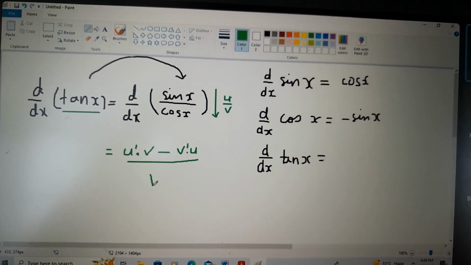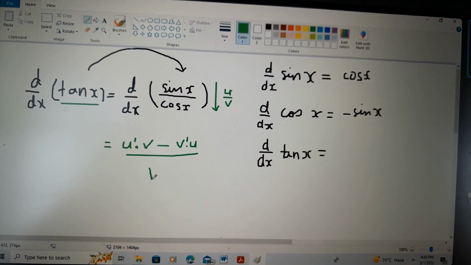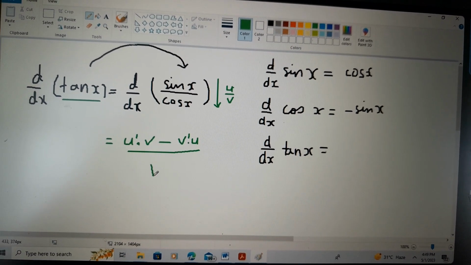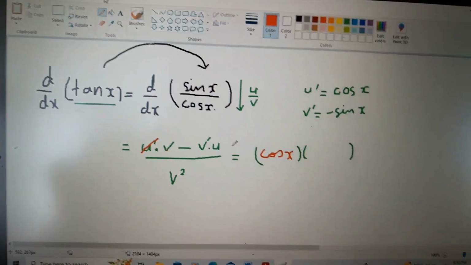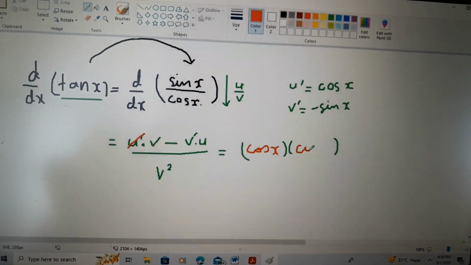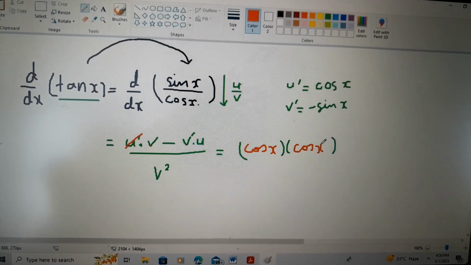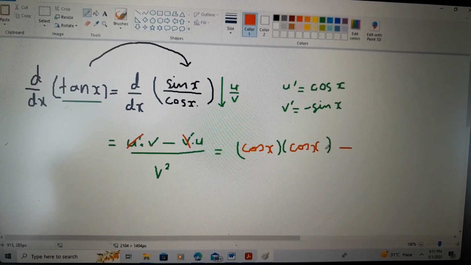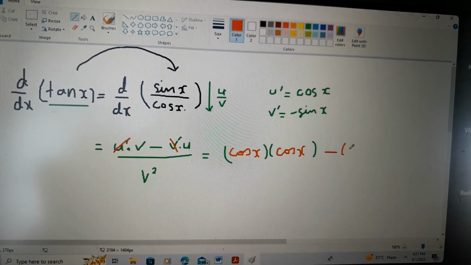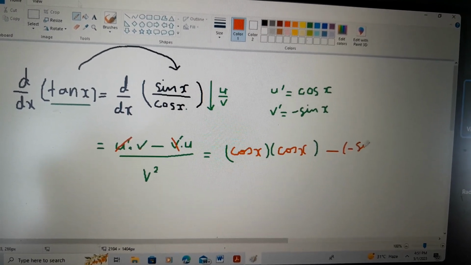I have this symbol looking like an exclamation mark, right? Not v prime. Remember, it's u prime, which is cos x. Wonderful. Now minus. So what's v prime? Negative sine x. Wonderful. Negative sine x.